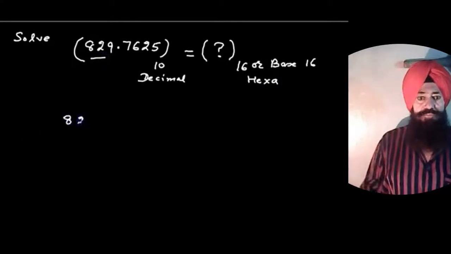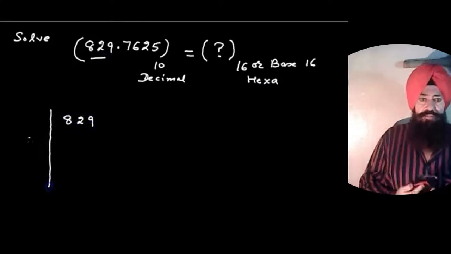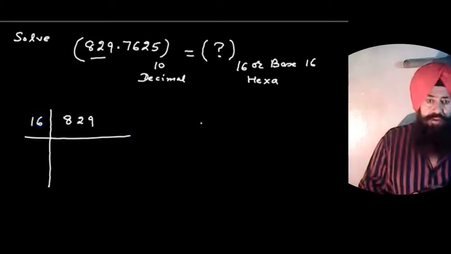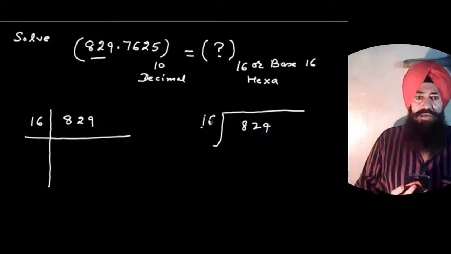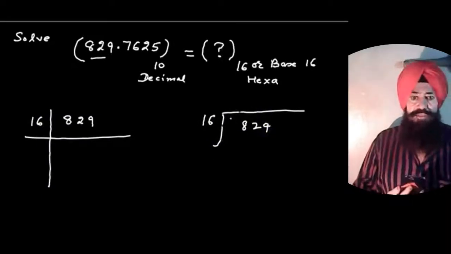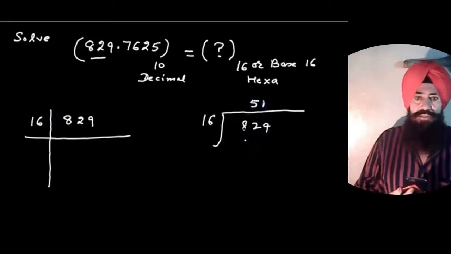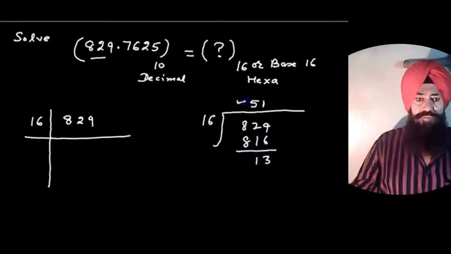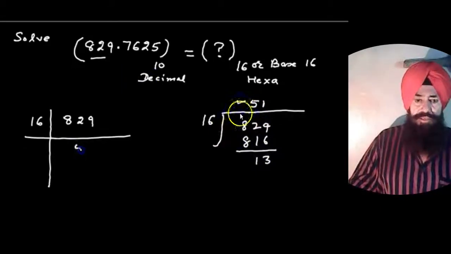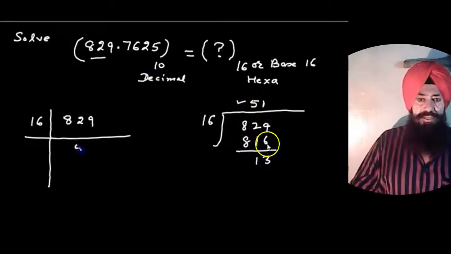Now what's the procedure? Go on dividing by 16. If you divide 829 by 16, what you'll get? 16 into 829 becomes 51, with the remainder left 13.